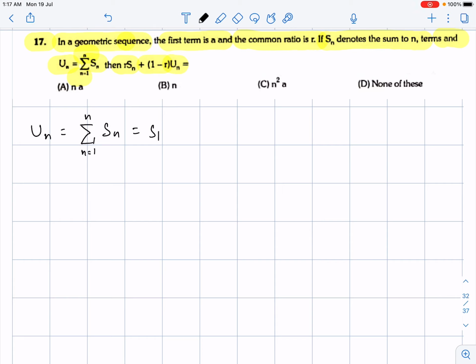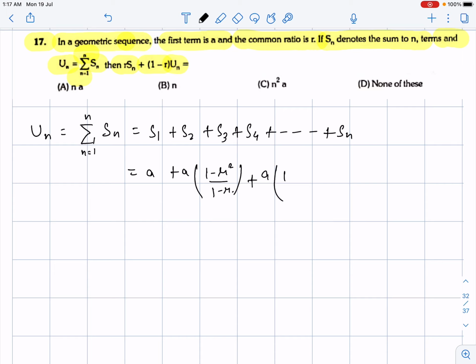That means S1 plus S2 plus S3 plus S4 goes on up to Sn, and we'll write it like a plus a times (1 minus r squared) divided by 1 minus r, plus a times (1 minus r cubed) divided by 1 minus r, plus a times (1 minus r to the power 4) divided by 1 minus r, and the Sn value will be written as a times (1 minus r to the power n) upon 1 minus r.